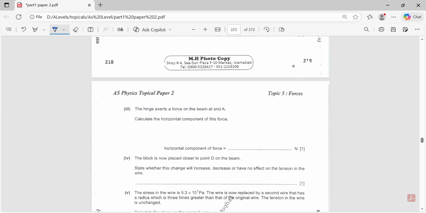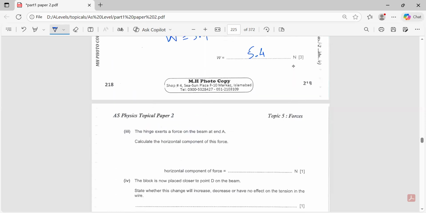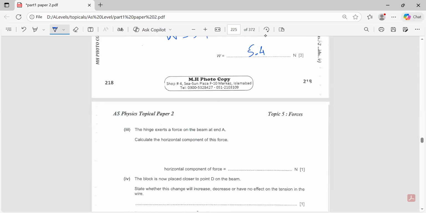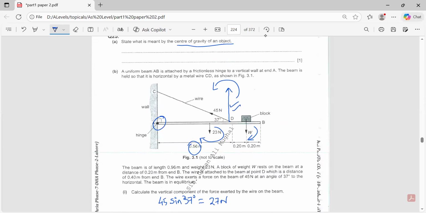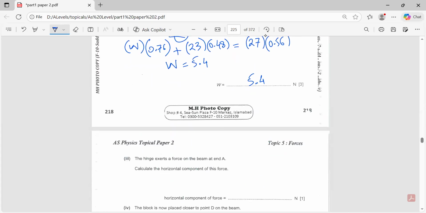Okay, next question says the hinge exerts a force on the beam at end A. Let me read the question. The hinge exerts a force on the beam at end A. Calculate the horizontal component of this force.